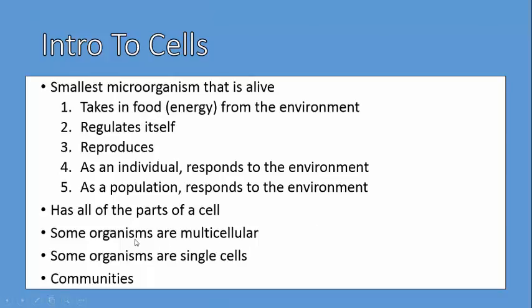Now, some organisms are multicellular. Humans are multicellular. I am composed of trillions of cells, and they all combine to make me. Trees are multicellular. Onions and worms are multicellular. But an awful lot of what we're going to be talking about in this class are single cells. These are cells that can do everything that they need to do all by themselves.